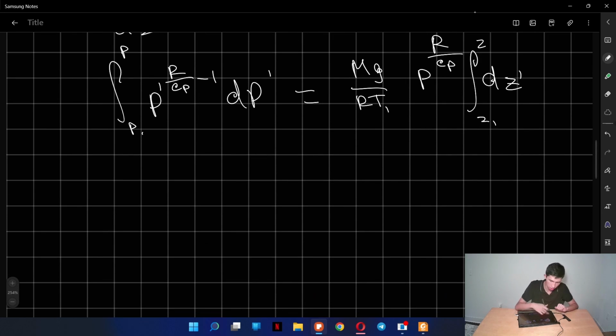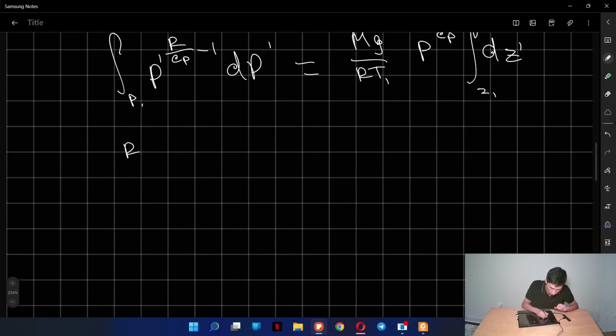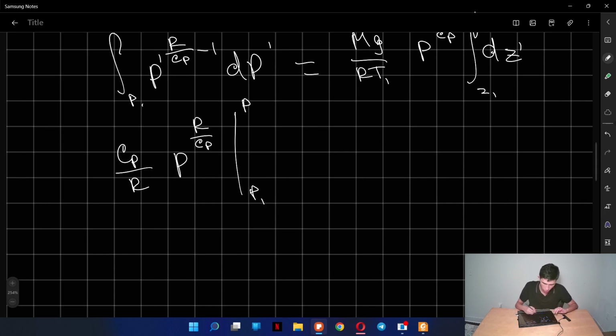So the power should go to the down, right? So I'm gonna have Cp over R times pressure to the power Cp over R from the initial pressure to the second pressure.